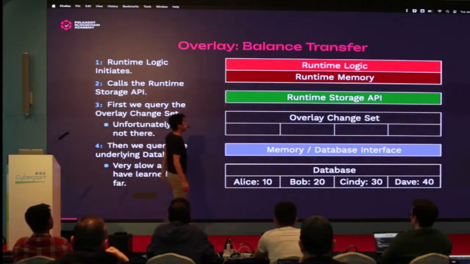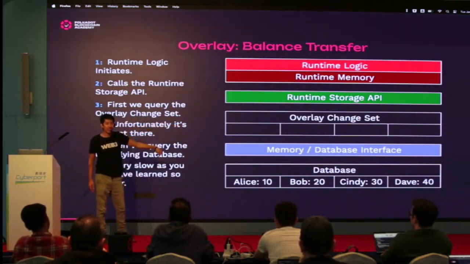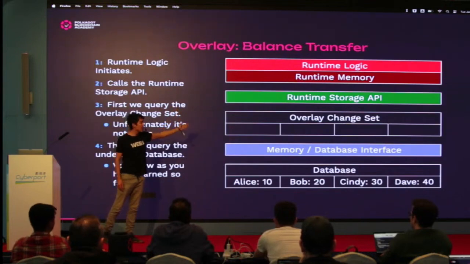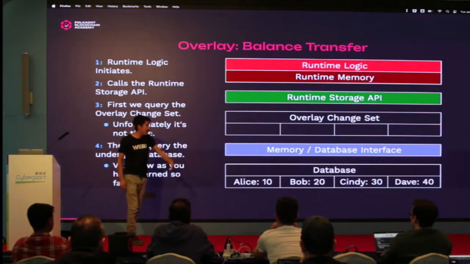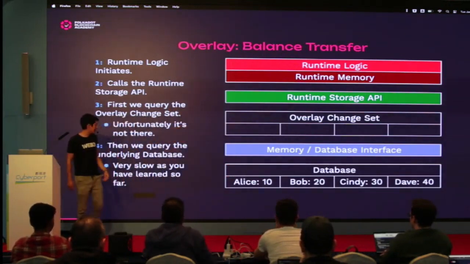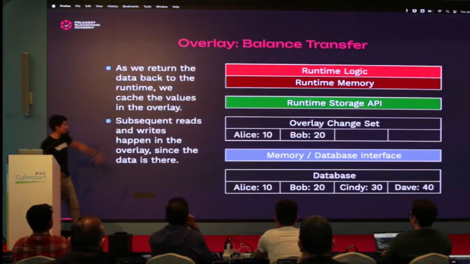The runtime storage API will look first at the overlay change set: do you have the information I need to proceed? In this case, the answer is no. So the overlay change set then passes down through the database interface to the actual database and will fetch the information it needs to complete the transfer. In this case, we're doing a transfer from Alice to Bob.